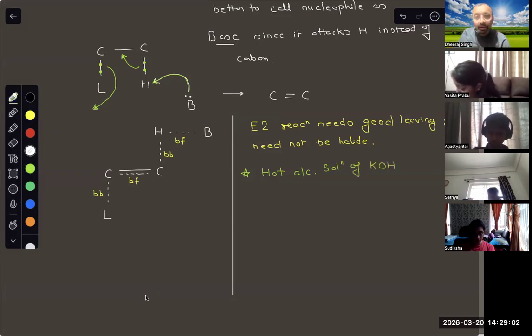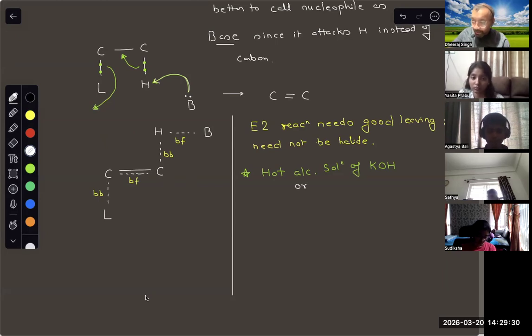Alcoholic is what? Polar protic or polar aprotic? Alcohols are protic. They have a hydrogen attached to the electronegative atom, which is oxygen.